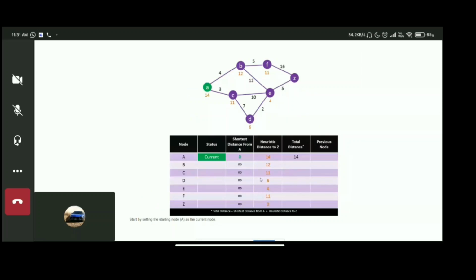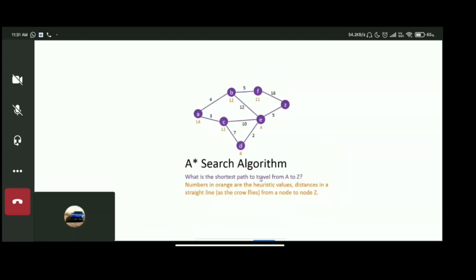Sometimes in the exam, I ask this kind of question. Here a graph is shown to you and you are asked to find the shortest path from A to Z. The values in orange represent heuristic values, while the values in black represent computational cost, that is g of n.